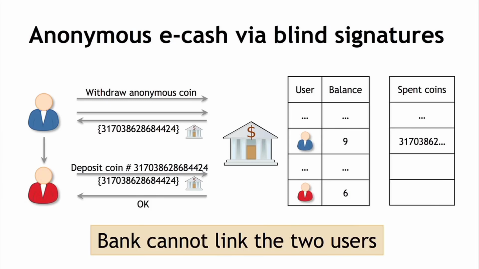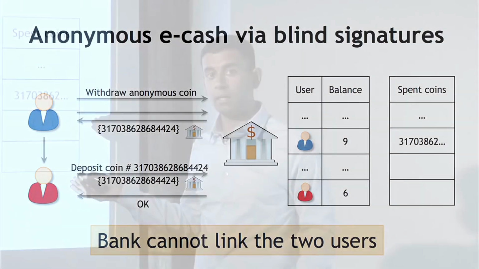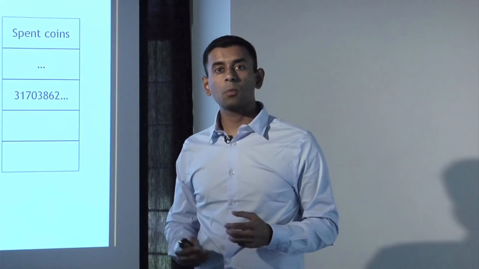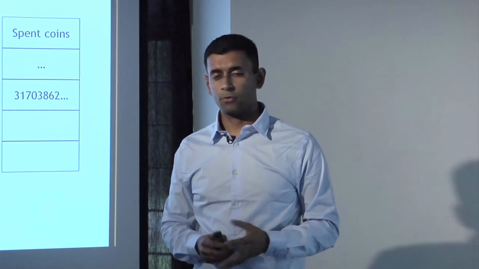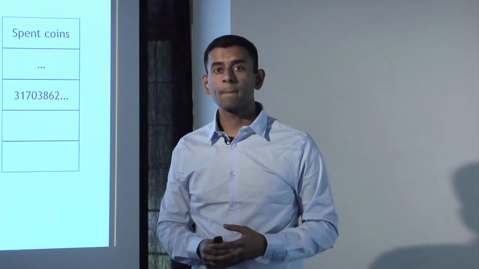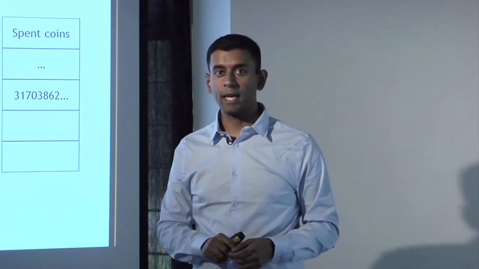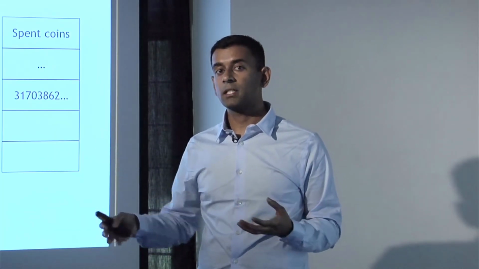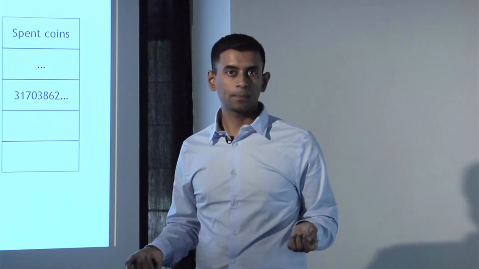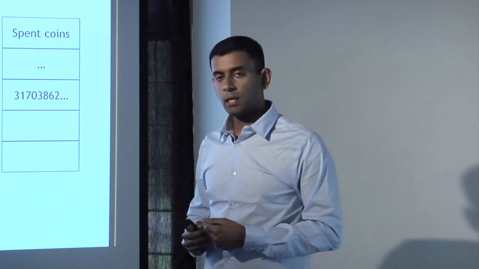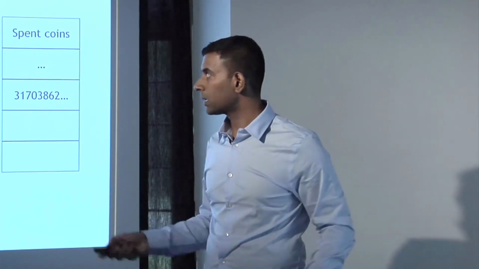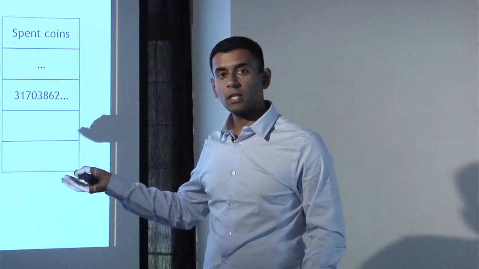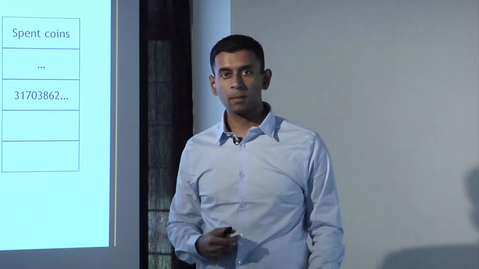So a lot of the traditional cryptography research on anonymous eCash was in this model where you were willing to trust a bank for many things, including keeping your money, but you were not willing to trust a bank with anonymity. You wanted to be sure that the bank didn't know who was interacting with whom. Okay, it's an interesting model, it's a valid model, and many such schemes were developed under this model.